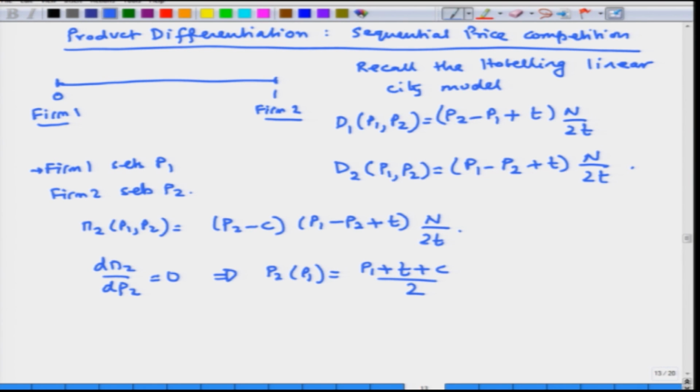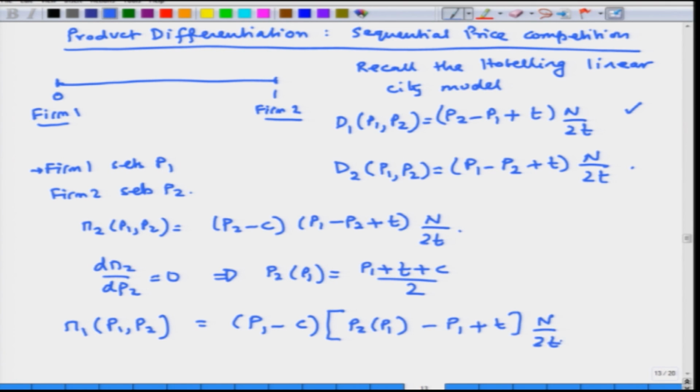The best response function was upward sloping. Now, firm 1 anticipates that firm 2 is going to choose its P2 based on its best response function. So, firm 1's profit is (P1 minus C) times D1, but now firm 1 notices that firm 2 is going to choose its price P2 based on its best response function, so D1 is (P2 minus P1 plus T) times n divided by 2T.